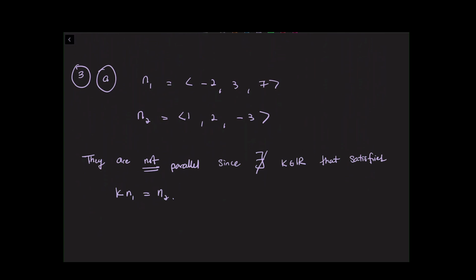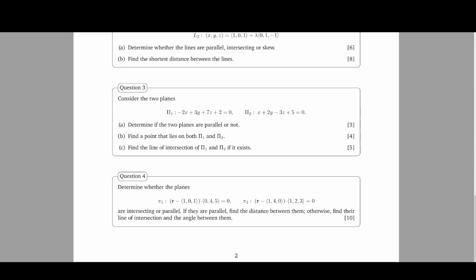Now we're going to move on to part B, which says find a point that lies on both of these planes. In order to do that, I need to form some simultaneous equations and solve them.